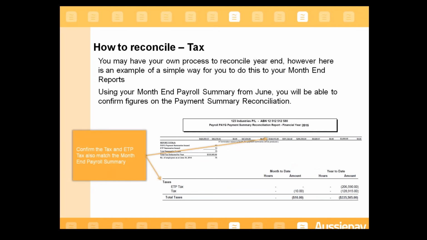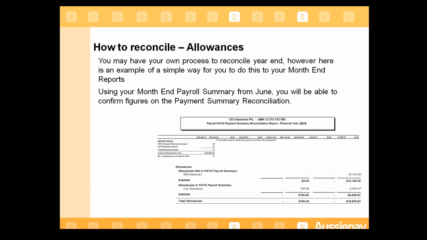And then to check the tax, you can confirm that the ETP tax and the tax match as well. Remember on here not to look at the month to date, you need to refer to the year to date. It might sound simple, but you'd be surprised. Next step, confirm that the allowances match, and you're looking at the subtotal of the allowances that appear in the PAYG payroll summary.